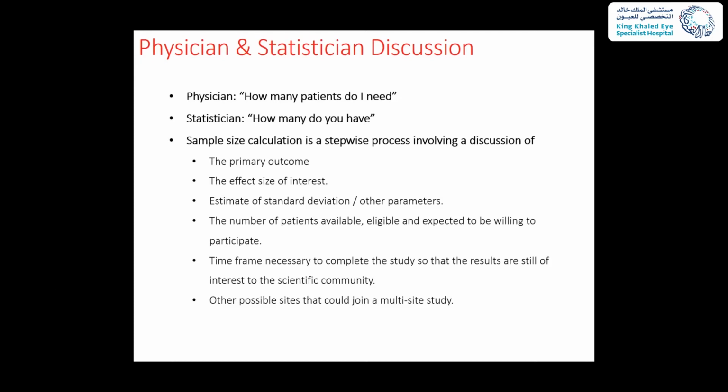As you know, the source population is, imagine you want to recruit patients from KKESH. So your source population are patients presenting at the King Khalid Specialized Eye Hospital with a specific disease. The eligible population comes from the source population, and they are people who fulfill your inclusion criteria.